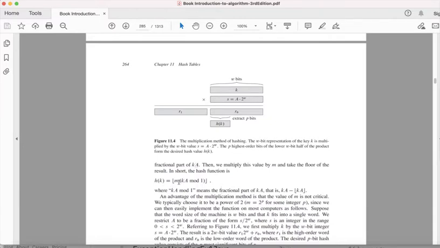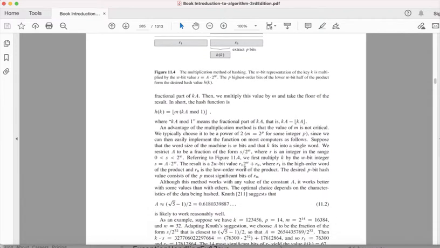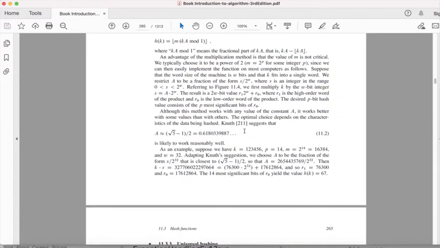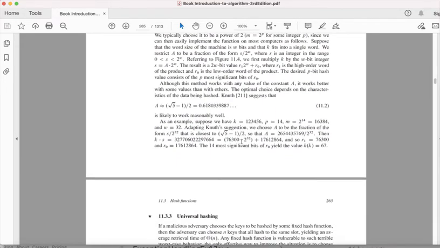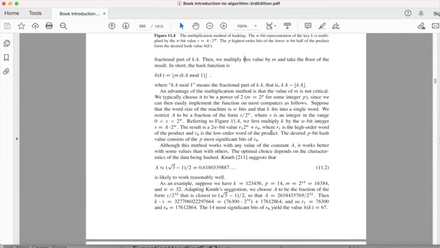Here ka mod 1 means the fractional part of ka, that is, ka minus floor of ka. If you go through the book content, you will see some examples of how we calculate this.